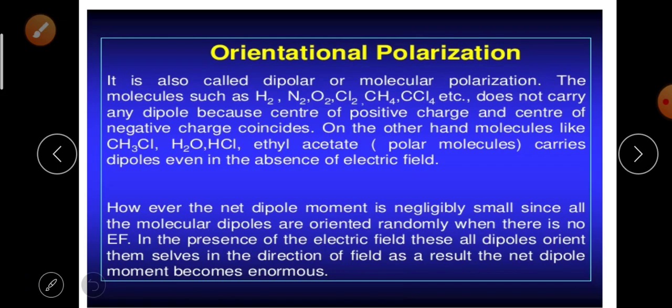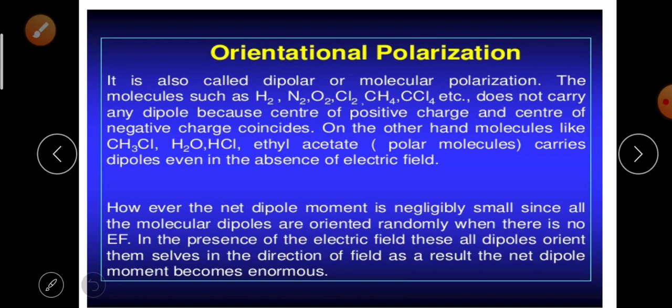Orientational polarization. It is also called dipolar or molecular polarization. The molecules such as H2, N2, O2, Cl2 and CH4, CCl4, etc. do not carry any dipole because the center of positive charge and the center of negative charge coincide.